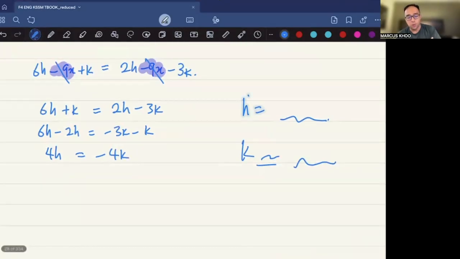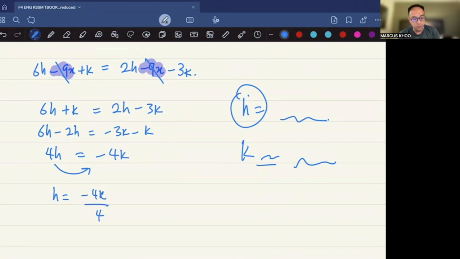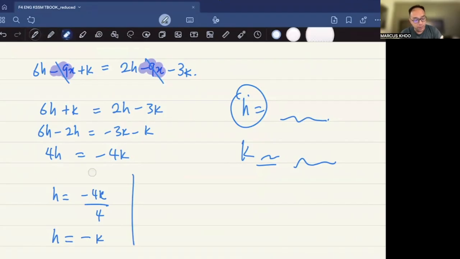Now let's say I take option 1. I'm going to put the h as the subject of the formula. So I'm going to move the 4 over. So h equals negative 4k over 4, which gives h equals negative k. Even if I do it the other way around, let's say I want the k, I don't want the h. If I want the k, then I'm going to move the negative 4 across.